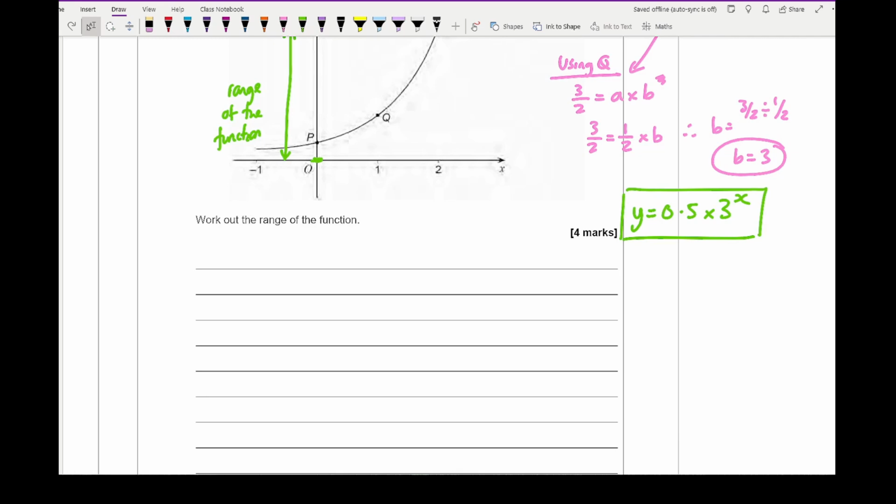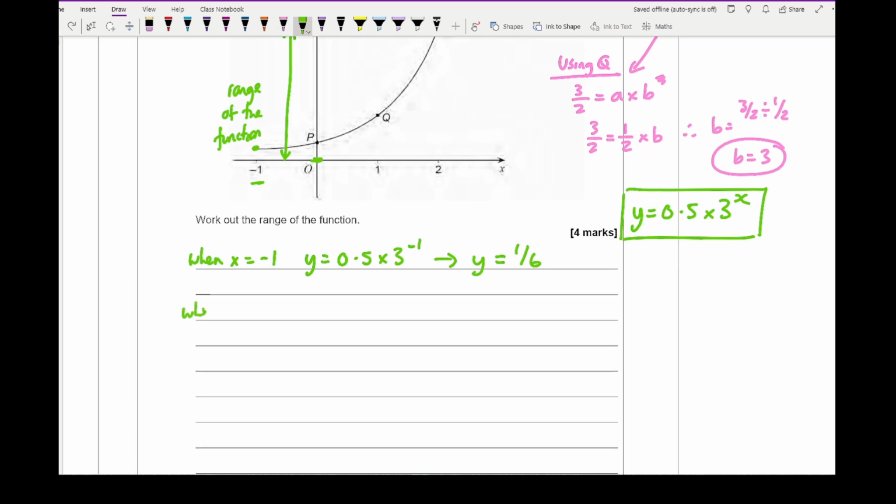We know that the range of x is -1 to 2. So when x equals -1, that's going to give me the lowest value. y is going to equal 0.5 times 3 to the power of -1, and if I type that into my calculator, I get a y value of a sixth.